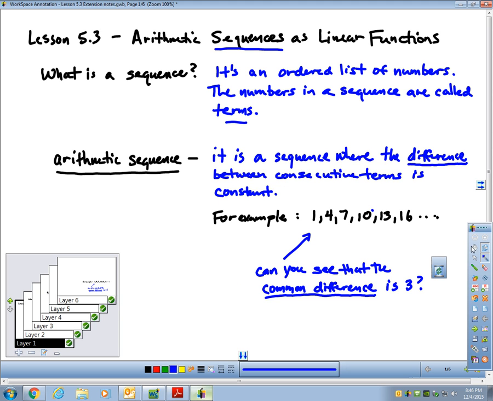Here would be a simple example of an arithmetic sequence: 1, 4, 7, 10, 13, 16. Do you notice how each of these numbers is 3 apart?